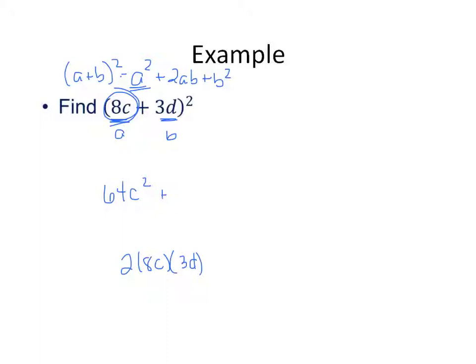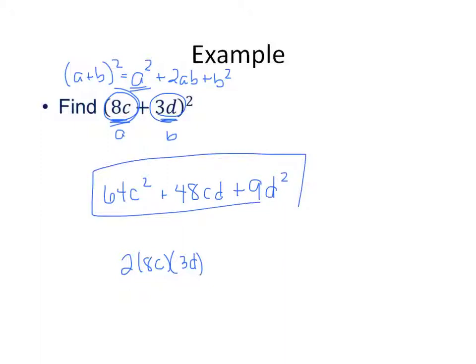So we get 48cd plus b squared, which is going to be 9d squared. Okay, so you can do these without realizing there's a pattern, but the pattern just might make it a little bit easier, faster.